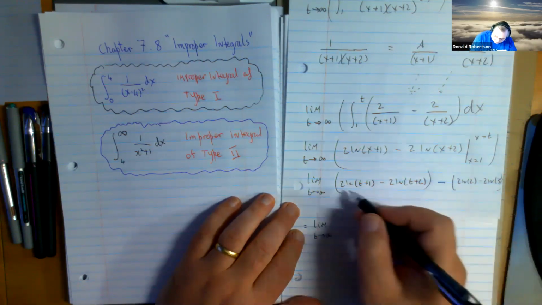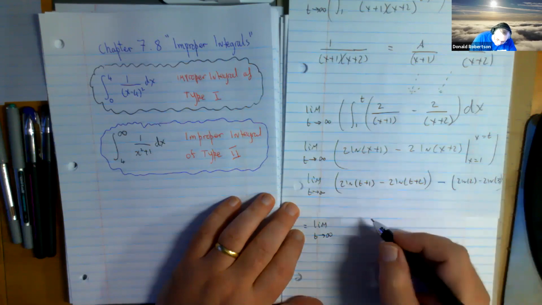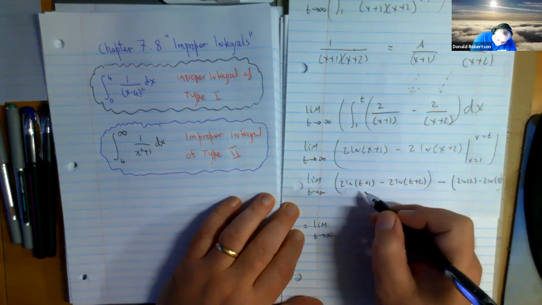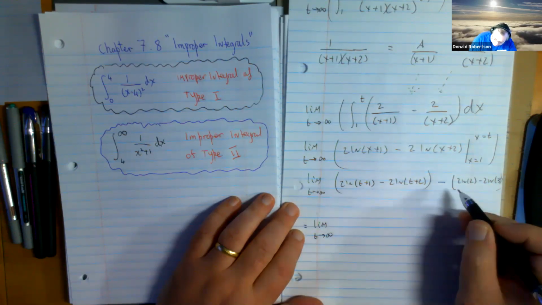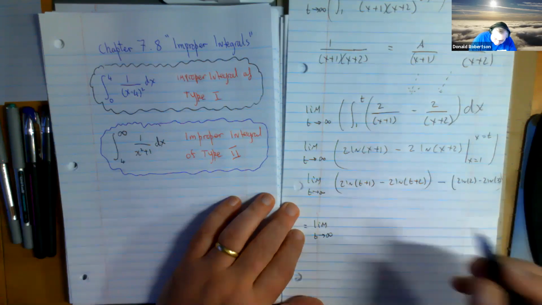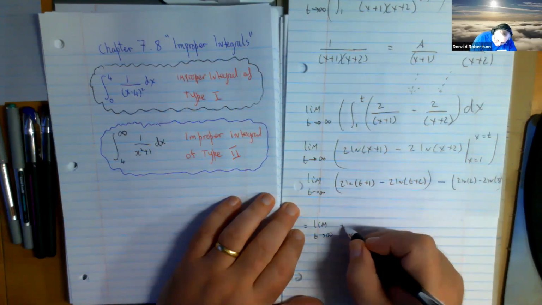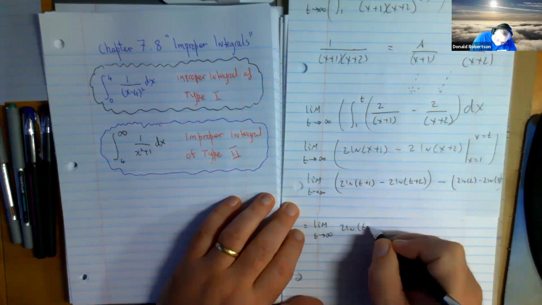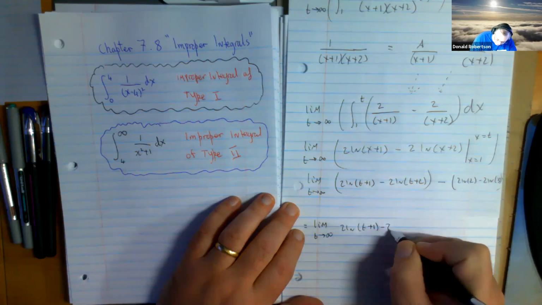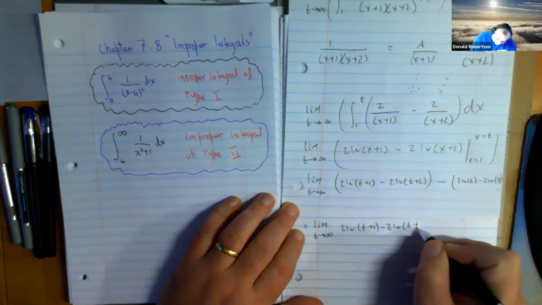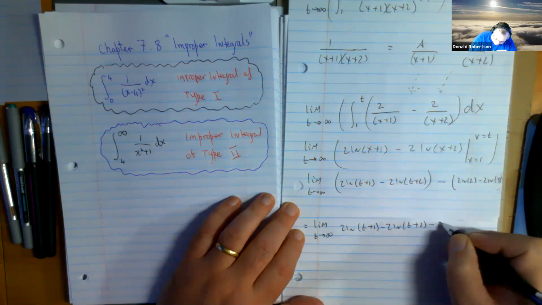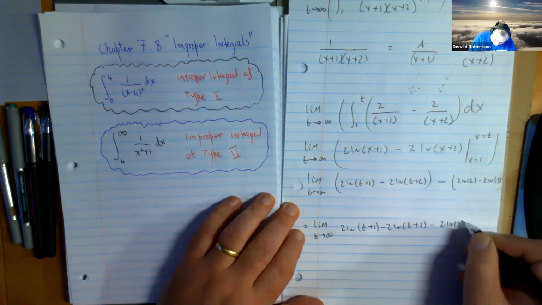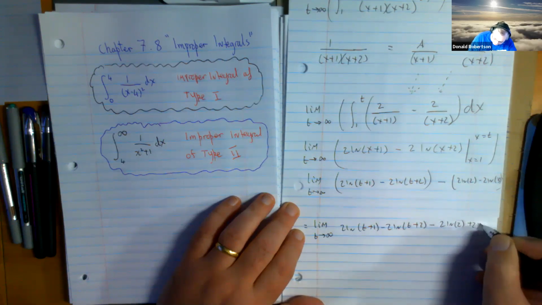So what I would then do is try and put this whole horrible mess together. It's going to be this log, take away that log, take away that log, add that log. There's a heck of a lot going on here. So 2 natural log of this, take away 2 natural log of that, take away this, and add this.